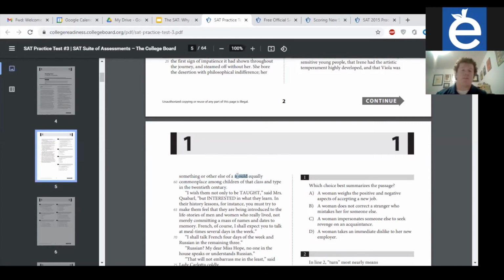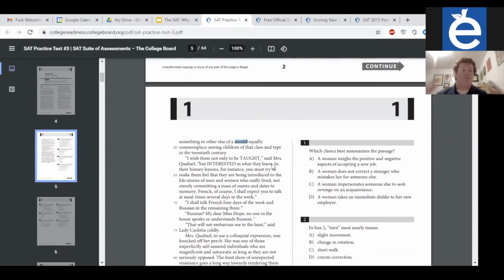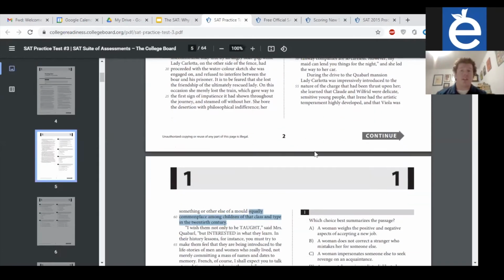So mold, this is a little bit contingent on understanding that vocabulary. Mold meaning like a model or a type. So she's a type that's equally commonplace of children, that class, and that time period. Essentially, that statement, very complicated, is that she's just kind of average. We've got Claude and Wilfred, delicate, Irene, artistic, Viola, average.